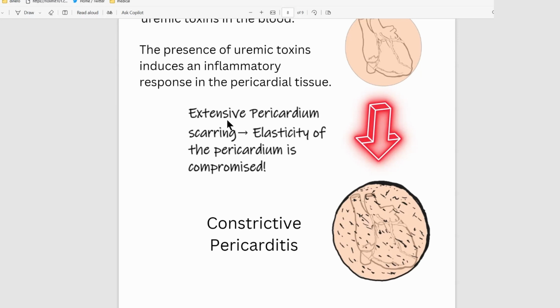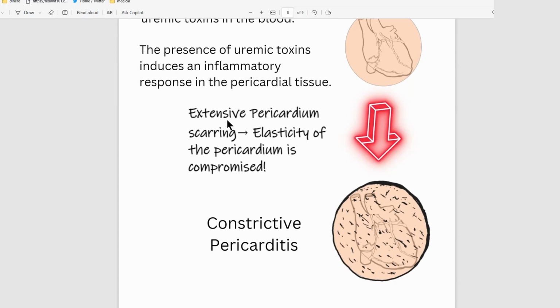A lot of it can be because of the extensive scarring. So if I think, okay, inflammation, pericarditis, what happens if this pericarditis just continues? There'll be a time where the fibrosis is so bad that the pericardium is not allowed to stretch anymore. It loses its integrity. The elasticity, like I wrote here, is compromised. Then you have constrictive pericarditis.